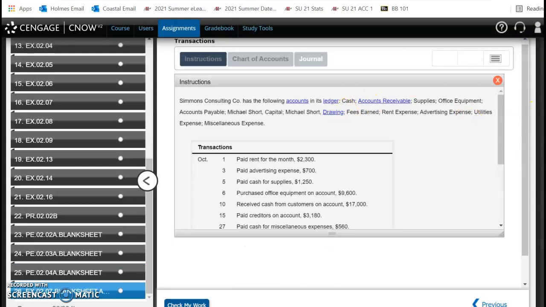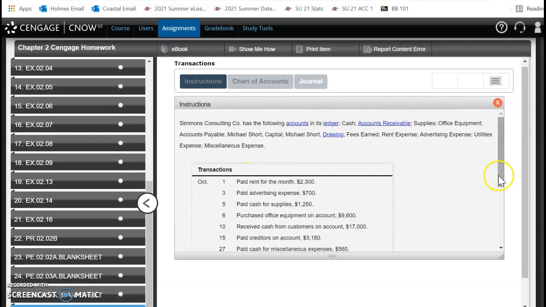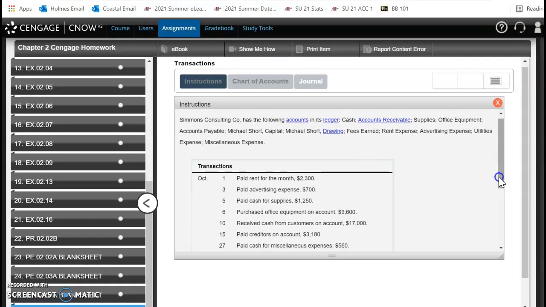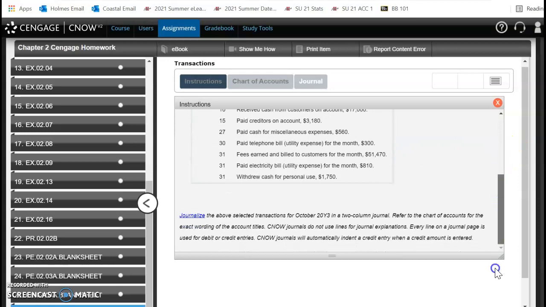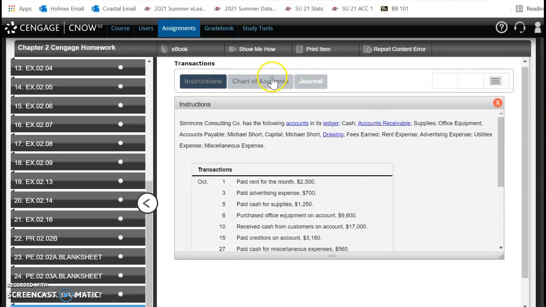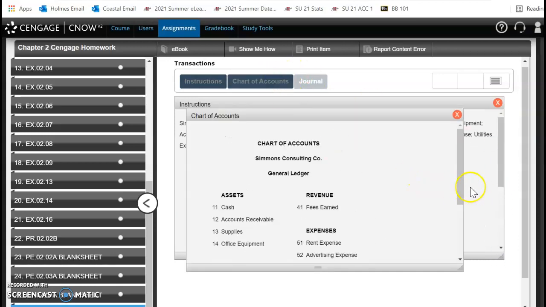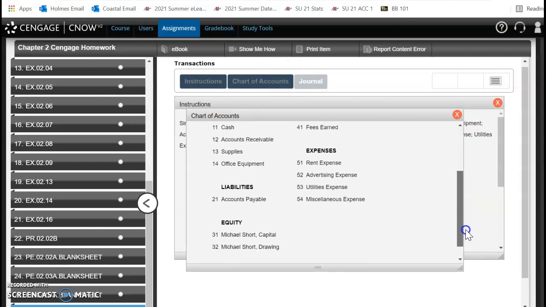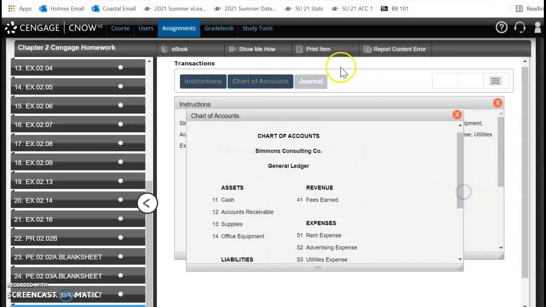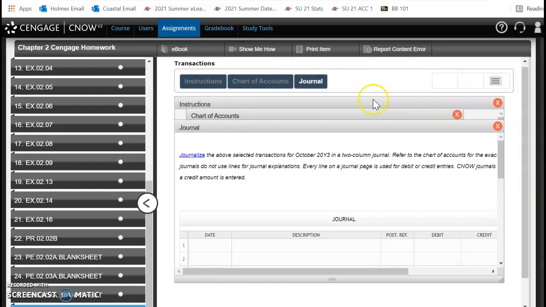Okay, and then for this one, what you're going to do is journalize these transactions. And these are the accounts up here that you're going to either debit or credit. Okay, so you're going to put these in a journal. And here's your chart of accounts. These are your different accounts. And then here's your journal.